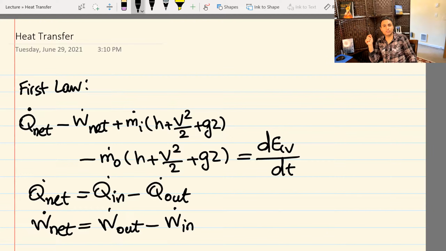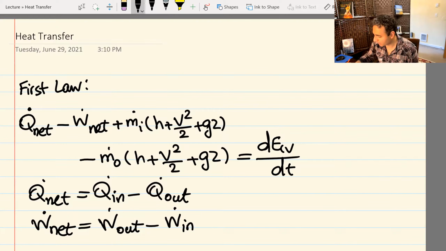Like in pipes, head loss is W dot out. It's energy leaving the system, and thermodynamically it's positive work that we don't get to use, right? But it is power that is leaving the system. Nobody's adding that into the system.